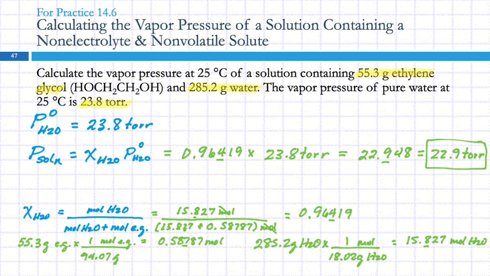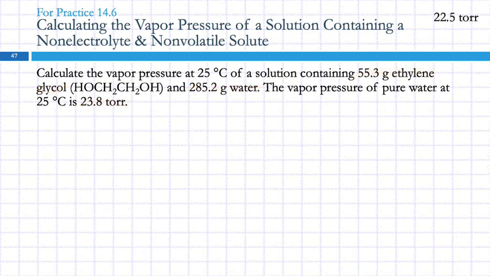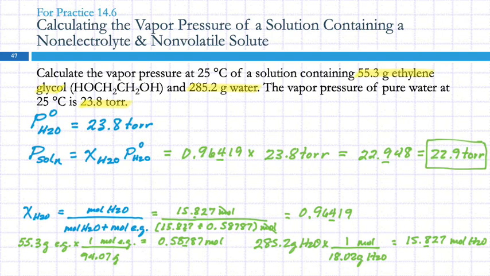It was coming out a little differenter than I expected. Does anybody care? I don't think anybody cares. The moles is different? Ethylene, I had 0.056. Let me just double check it. 53 divided by... Yeah, I don't know what happened. I don't know.